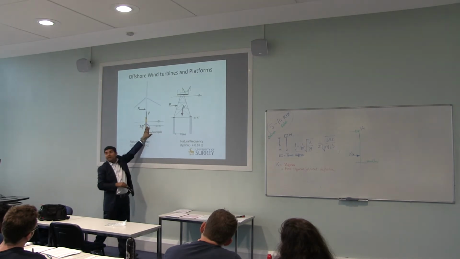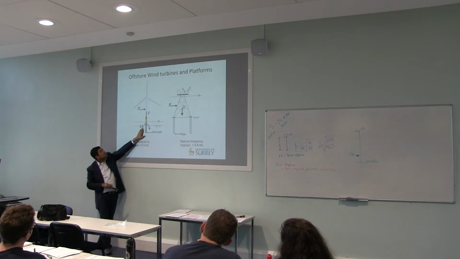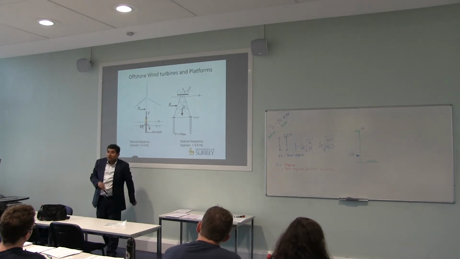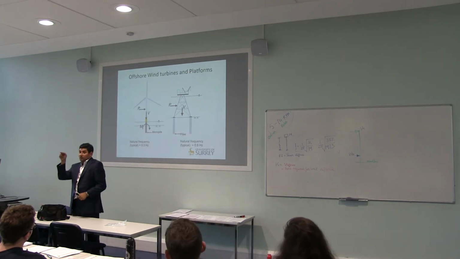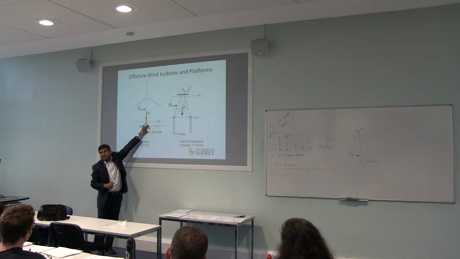On the other hand, look at this structure. You have got a large moment, because at the top, at hub level, you can get a very large lateral load. So look at the very large moment, and compare that with the smaller vertical load.